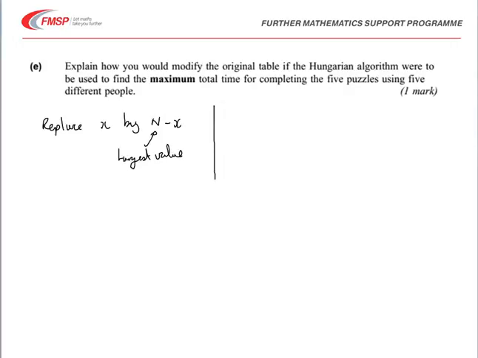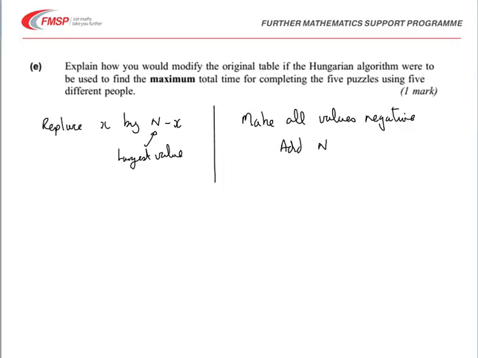An alternative to that, which explains why you're maximizing, is to say that we make all values negative. In other words, we simply multiply them all by -1 and then add. Obviously those two things are equivalent.